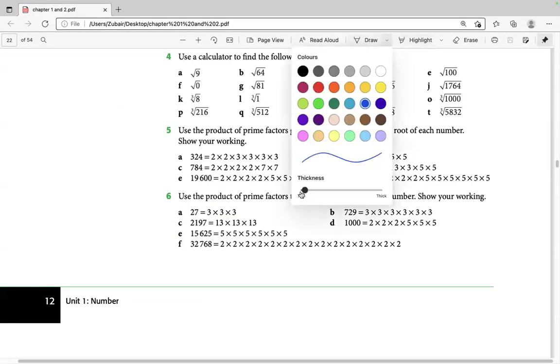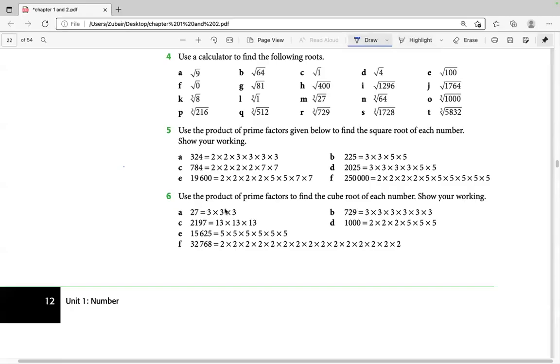It says use the product of prime factors to find the cube roots. So we make pairs of 3s. So these are 3, then another 3, another 3, another 3, and another 3.